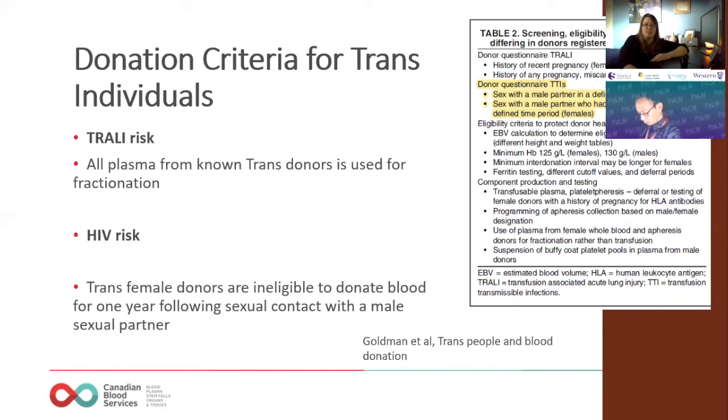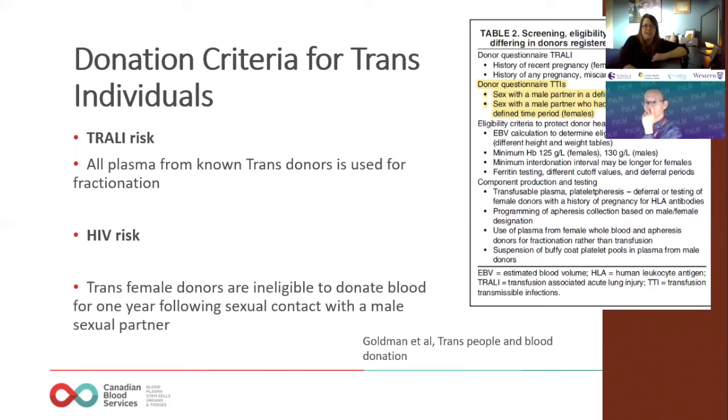So to ensure a consistent screening process for trans donors, Canadian Blood Services began applying donation criteria in 2016 for donors who self-identify as trans. So that means donors who tell us that they're trans. This is similar to donation criteria that we have for hemoglobin or for men who have sex with men or for travel risk.